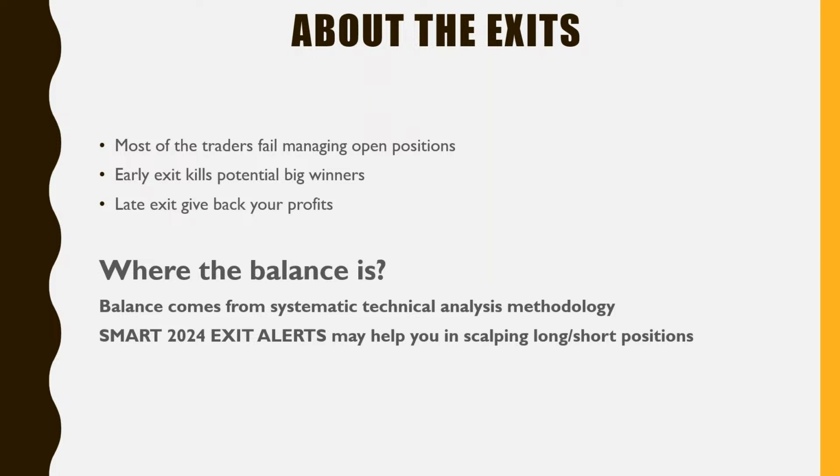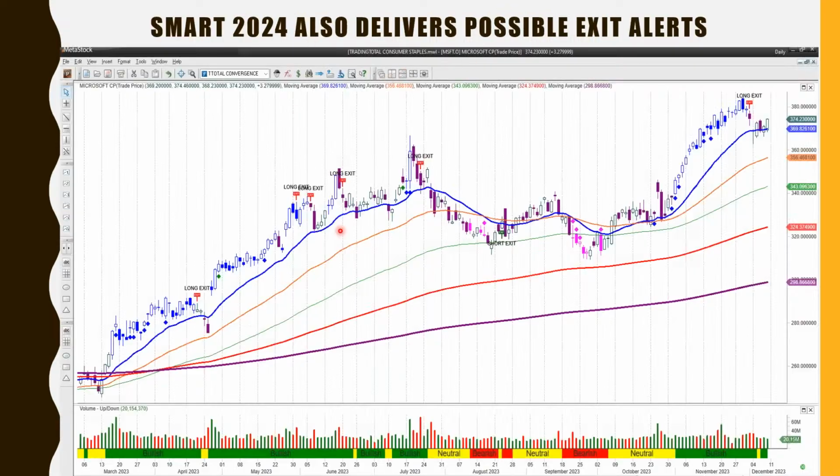Our Smart 2024 exit alerts are maybe a very good help for scalpers, right? Let me show these examples. Our system provides possible long exits. As a general concept, the exit alert will be triggered when the short-term momentum is fading, when it's vanishing.